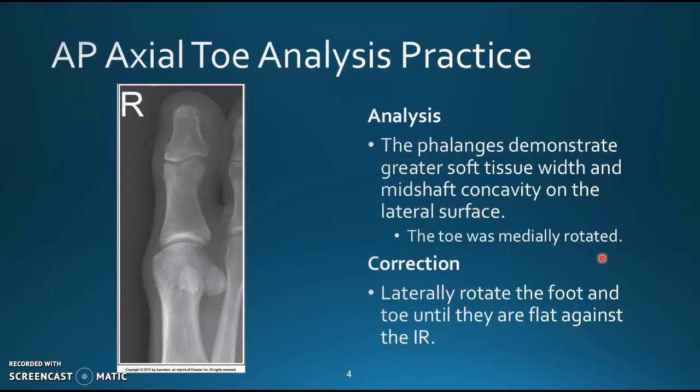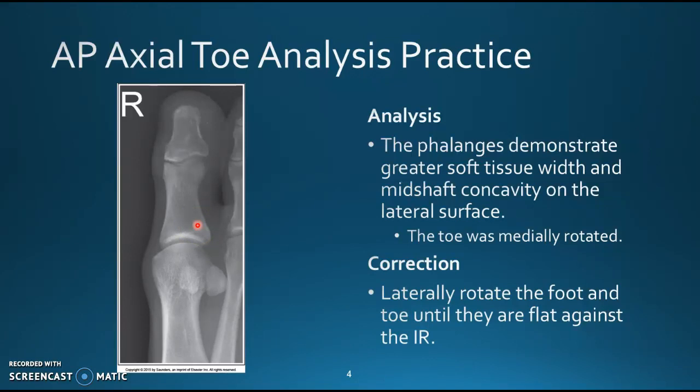For this analysis, we're looking at an AP axial toe, and we can see that we do not have equal concavity on either side of the proximal phalanx of the first digit here. This indicates that there is rotation.